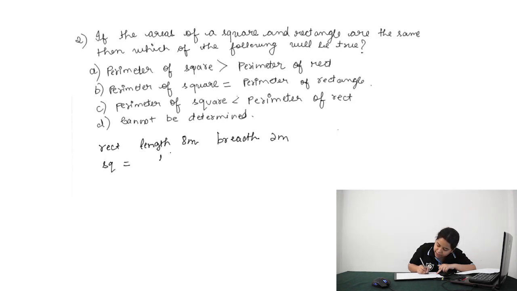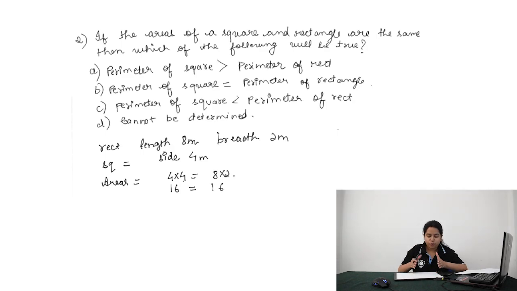Square side would be 4 meters. So now you see that the areas of square, which is 4 into 4, and the area of rectangle, which is 8 into 2, would be both equal to 16. So now we know the dimensions of the figures which we are taking into consideration.